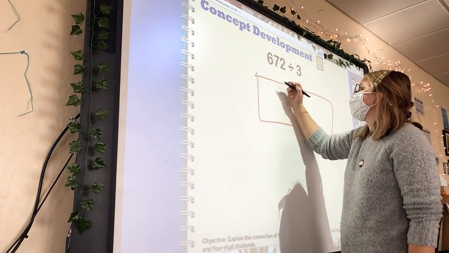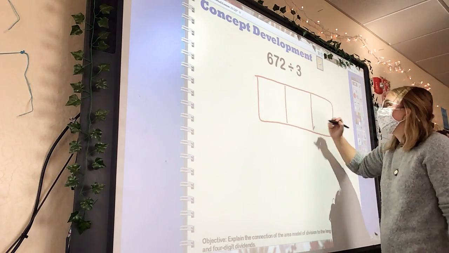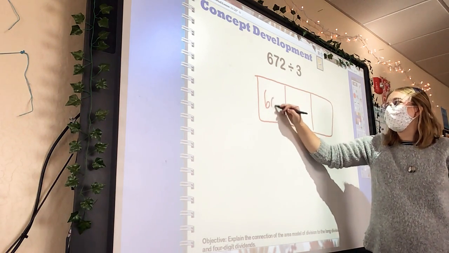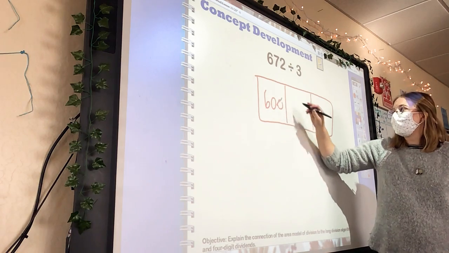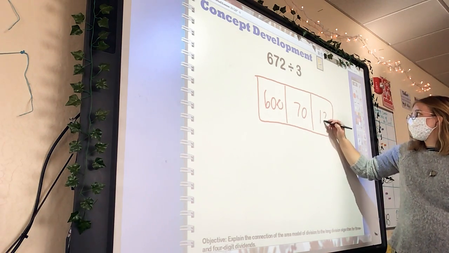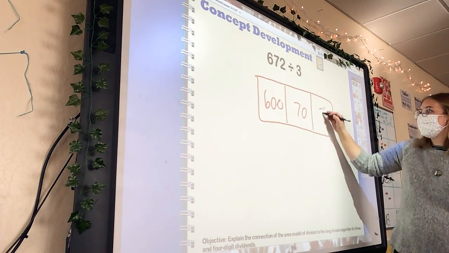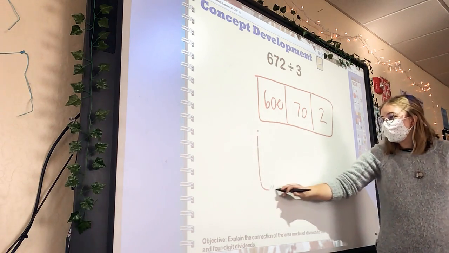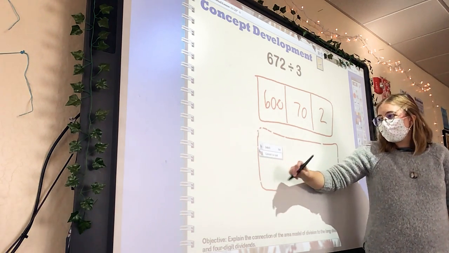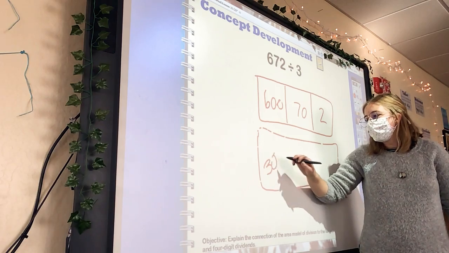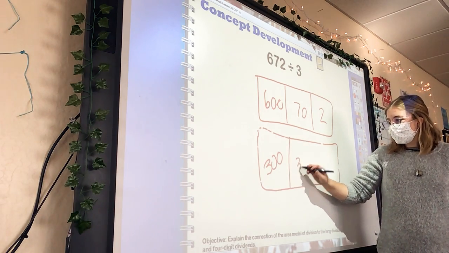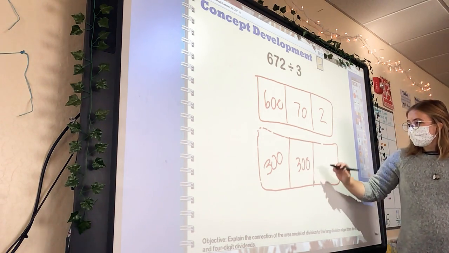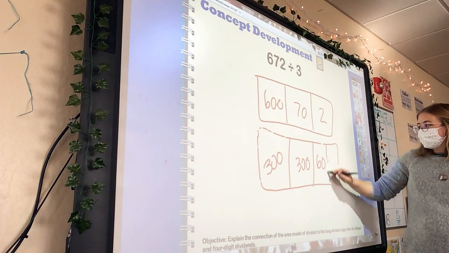We were splitting up 672 into easily divisible parts, right? Then we can split it up even further and we can say 300, 60, and 12.